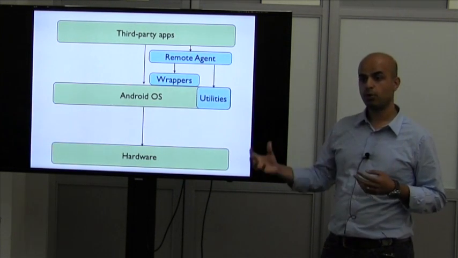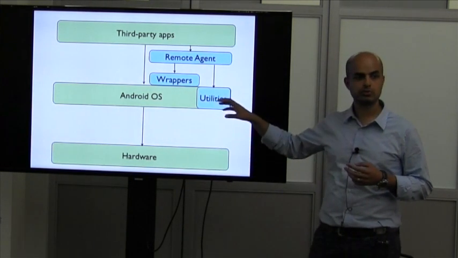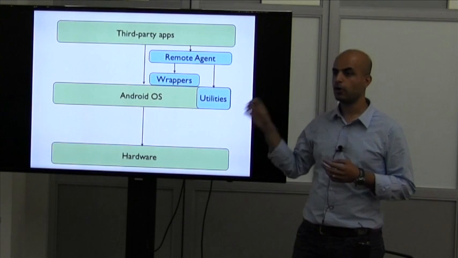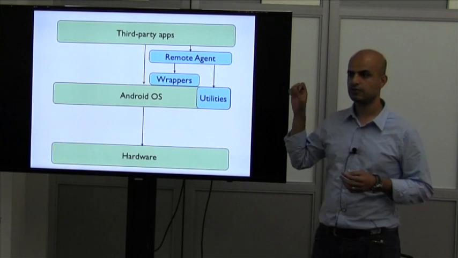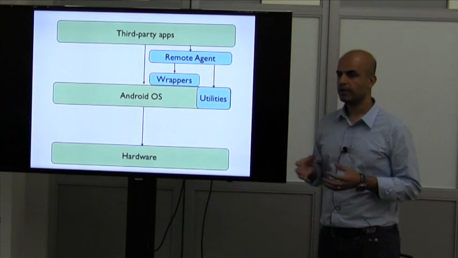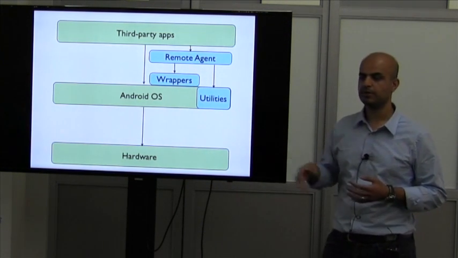And going a step forward, we added additional utilities to Android. These are the ones where you have things like blocking different applications and whatnot. All I'm trying to say is this was not easy at all. We had to look at the Android code itself, and I'll show you an example of what we mean by this.